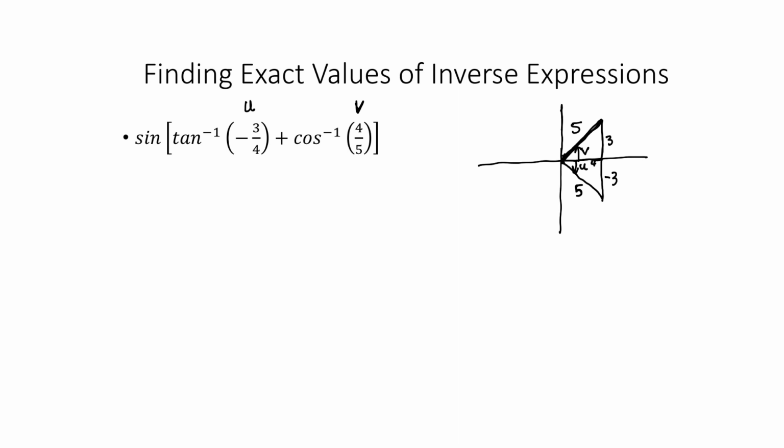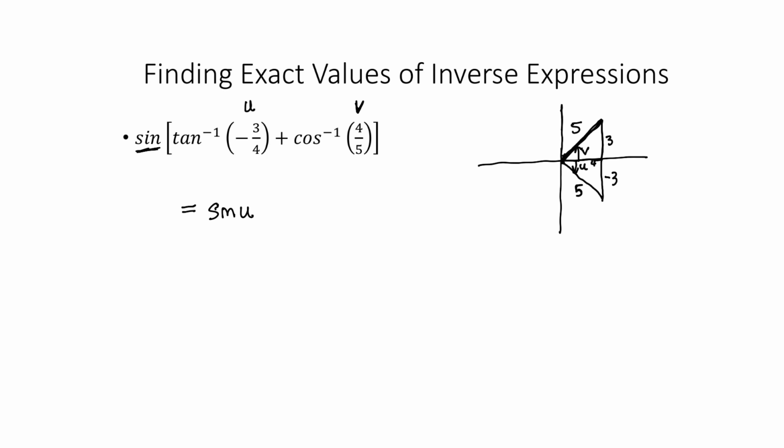Let's go ahead and use the sum formula for sine. We know that the sum formula for sine is the sine of u, and we're doing this because we're ultimately taking the sine of these two angles that we may never know what they are.